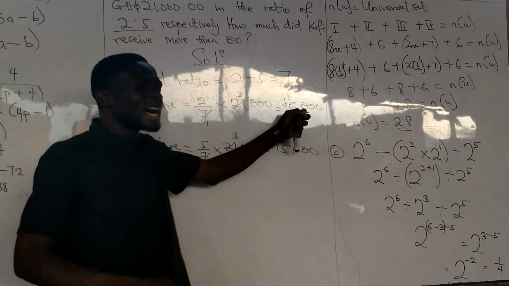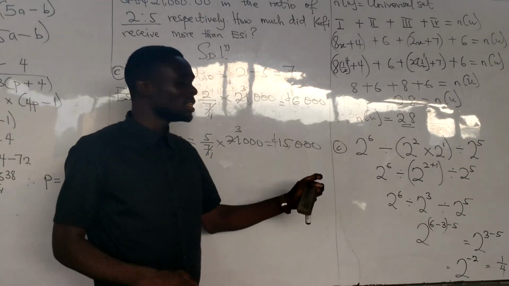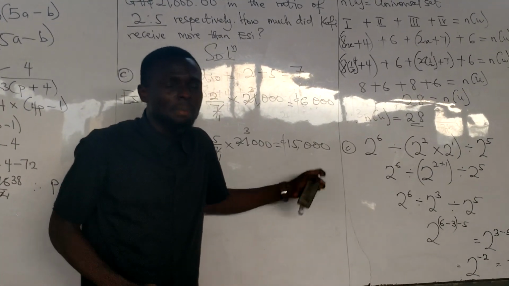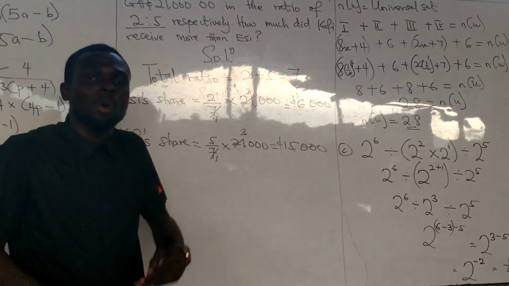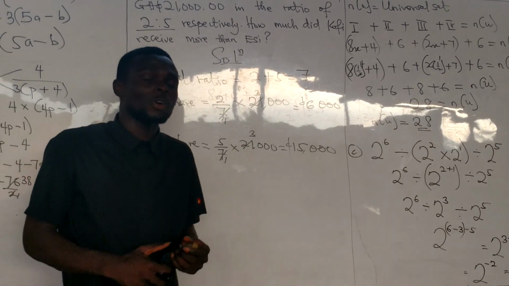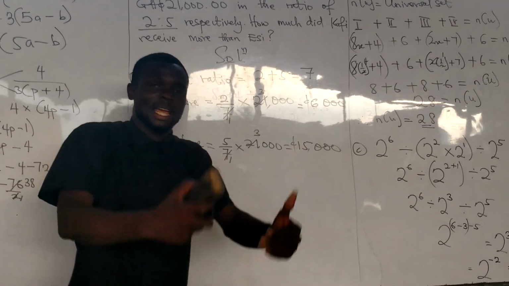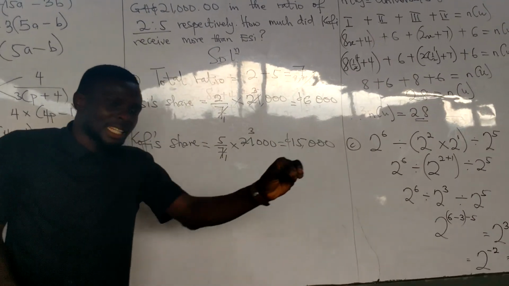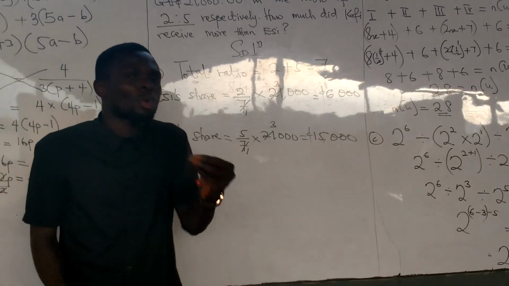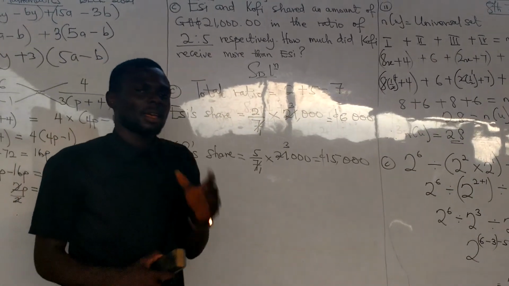The question didn't ask for AC's share. It didn't also ask for Kofi's share. But it said, how much more did Kofi receive? So for you to get the amount Kofi had more than AC, you have to subtract AC's share from Kofi's share.